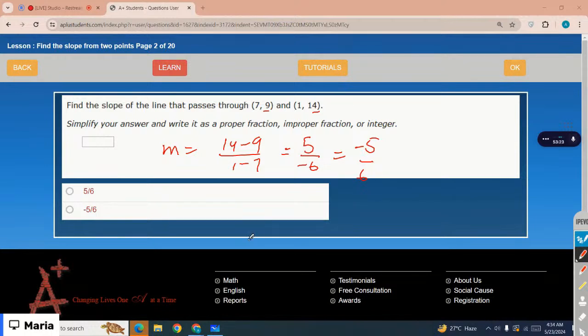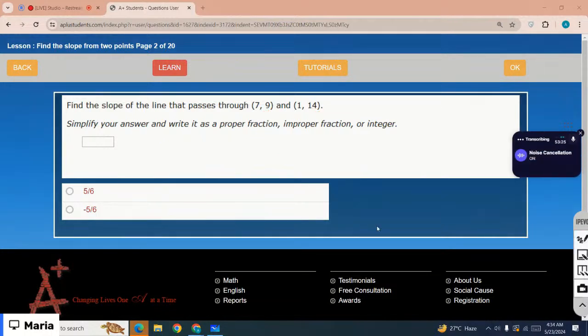So the correct option is option number 2. That is negative 5 over 6 is the correct option.